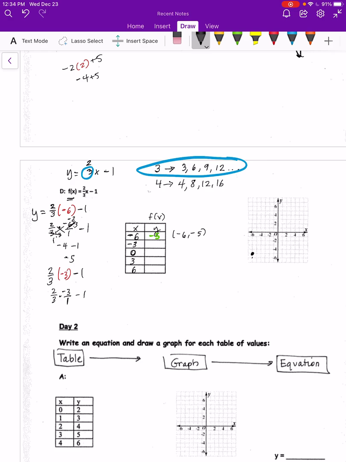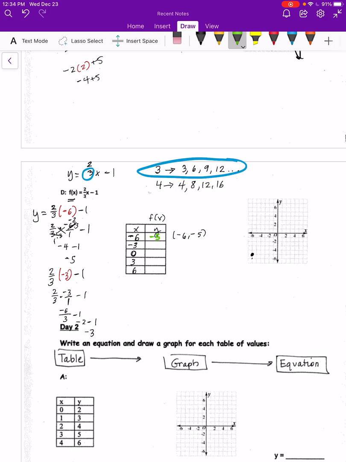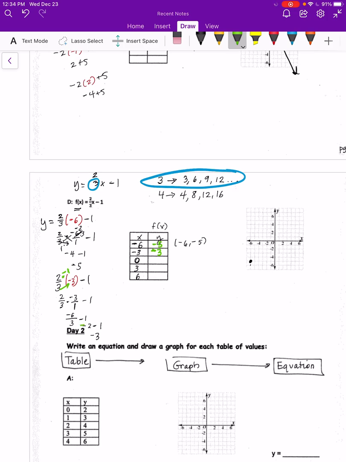If I left it like this, and say I didn't cross cancel like I did on the last one, maybe you do this: 2 times -3, which is -6, divided by 3, minus 1. Well, what's -6 divided by 3? That's -2. And -2 minus 1 is -3. So that would work out. That's one way to look at it. The other way is I say 3 goes into -3 how many times? -1. And then 2 times -1 is -2. And then I have minus 1. So that's another way to look at it.